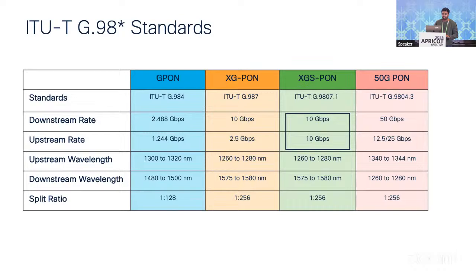In XGS-PON, the upstream and the downstream rates are symmetrical, which is something new compared to XGPON, which has downstream as 10 and upstream as 2.5. Because of this symmetry, we can now have a symmetrical rate in both directions, on the up and the down side. We have also talked about the split ratios and what is followed for the specific standard.